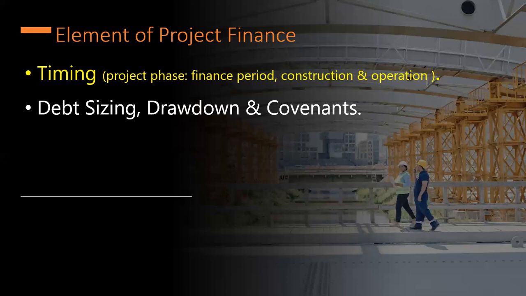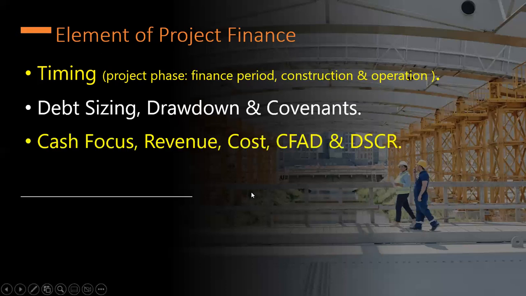Then, during the construction period, we also try to do what we call debt sizing, drawdown, and covenant. Able to show that this is the minimum, the maximum capacity of this project based on the forecasted cash flow, the maximum debt that this project can take. In other words, this project is more cash focused.